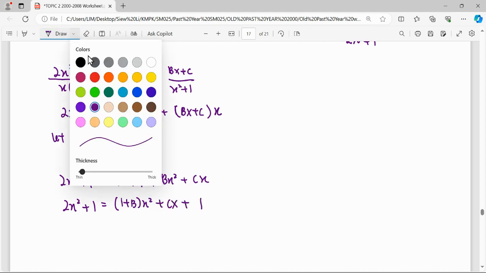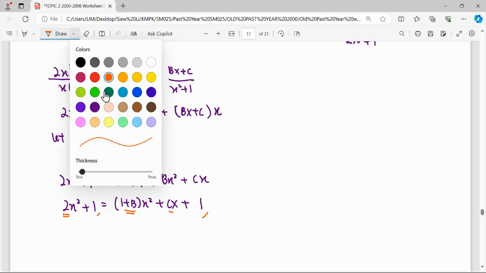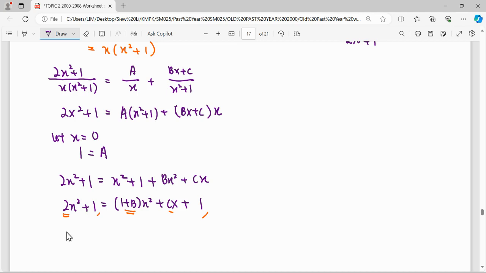So as we compare here, the coefficient of x squared is 2. Linear, we don't have, which is 0. Constant is 1. So b is 1, c will be 0.